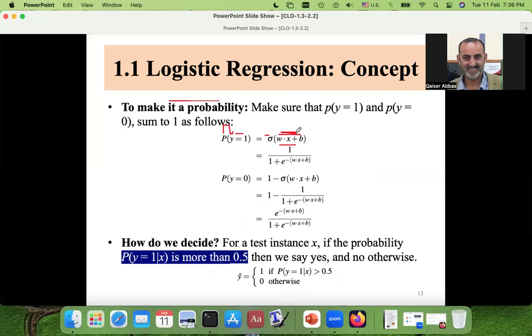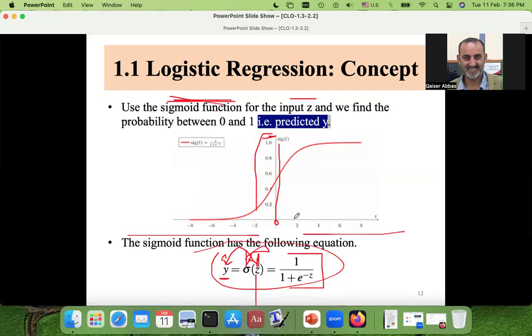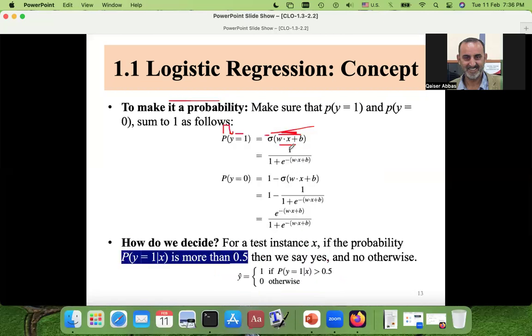And then by using that previous equation, which is 1 over 1 plus e raised power minus z, and z is what? W dot x plus b. So we now have 1 over 1 plus e raised to minus (w dot x plus b).